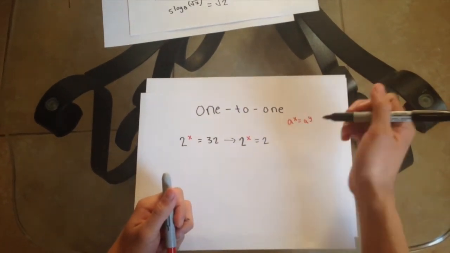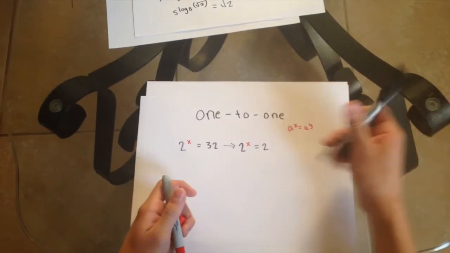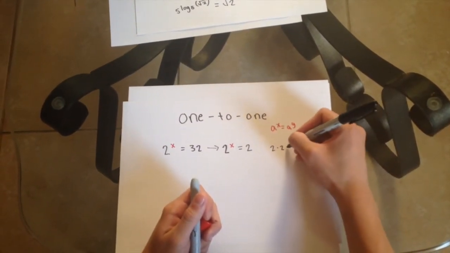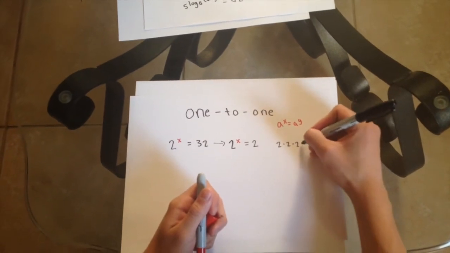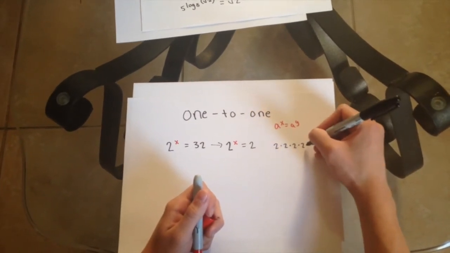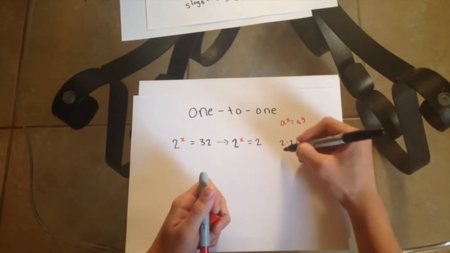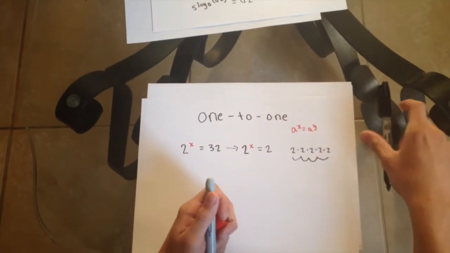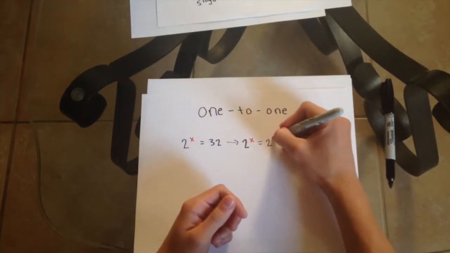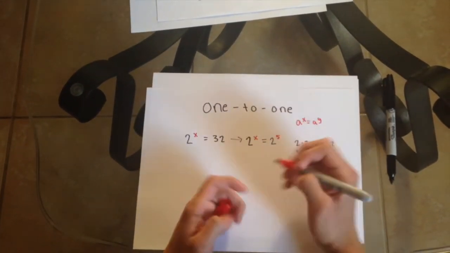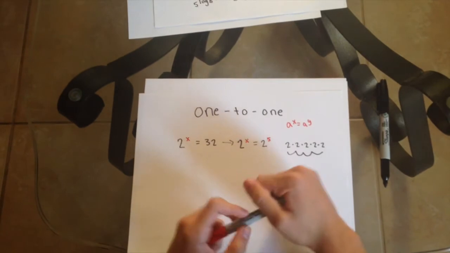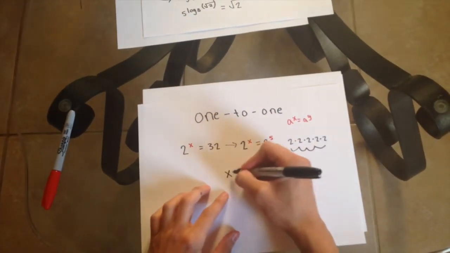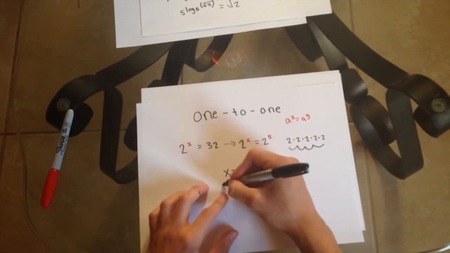So what times what times what times what times what equals 32? 2 times 2 is 4, times 2 is 8, times 2 is 16, times 2 is 32. That's 5 twos, so it's 2 to the 5th. Therefore, we have completed the one-to-one property, and x is equal to 5.